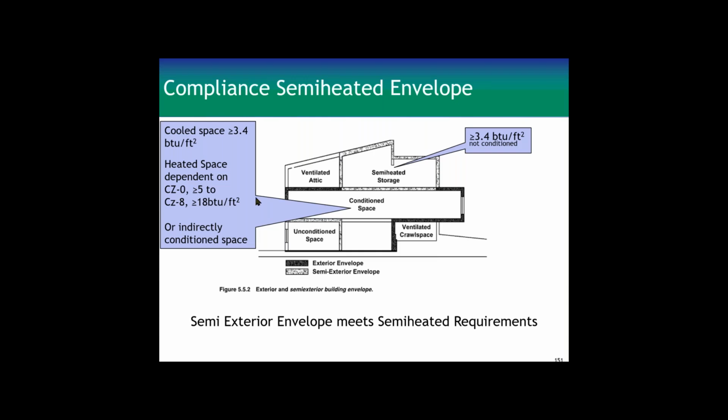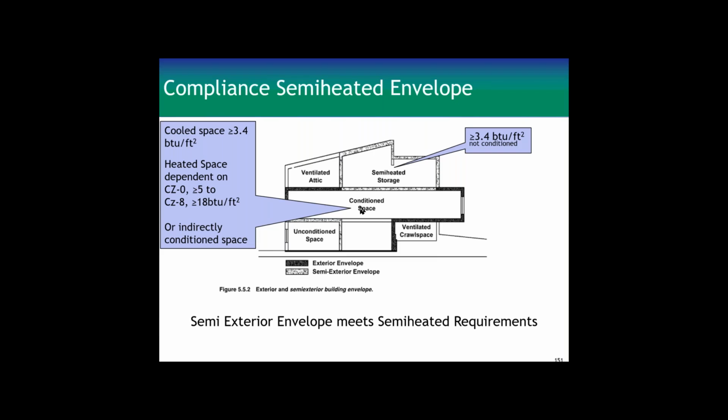It goes from climate zone 0, greater or equal to 5 BTUs, to climate zone 8, which is the coldest, anything larger than 18 BTUs per square foot. There's a table in the definitions that goes through each climate zone and gives you that number.